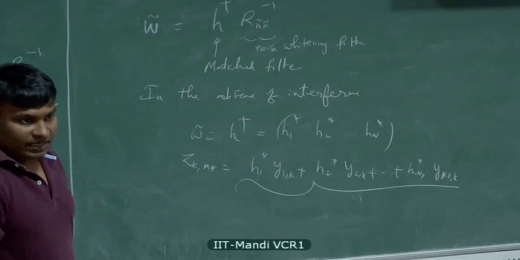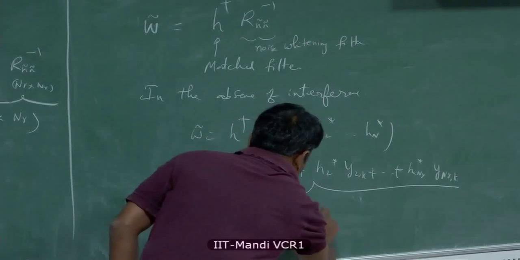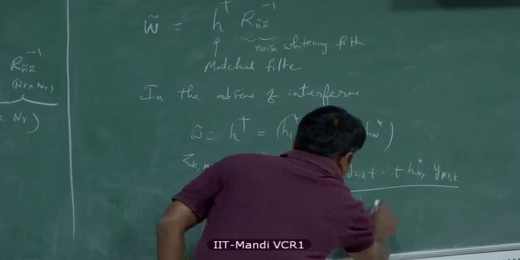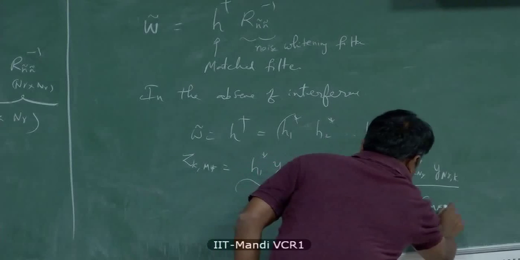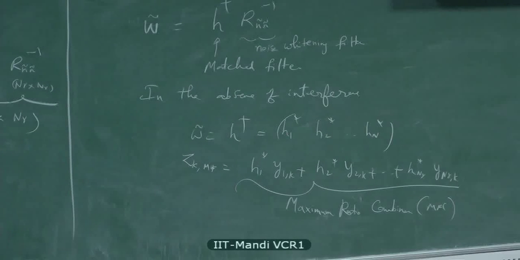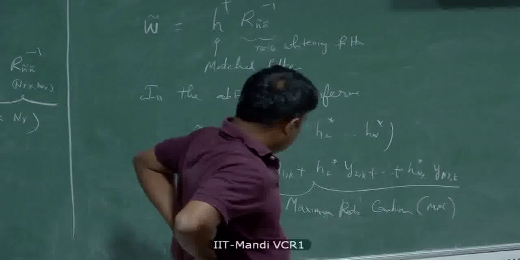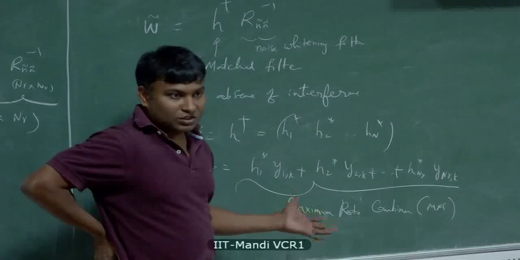Maximum ratio combiner, or MRC. See, we started with MMSE and we ended up with an MRC. Sort of we established the equivalent relationship. Why is it called maximum ratio combiner? Well, it maximizes the signal to noise ratio at the output of the receiver.